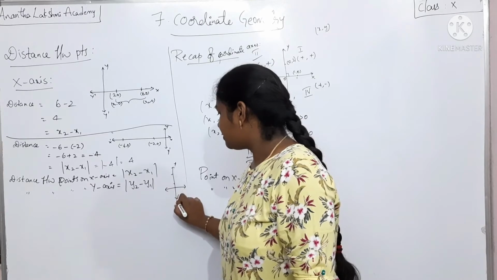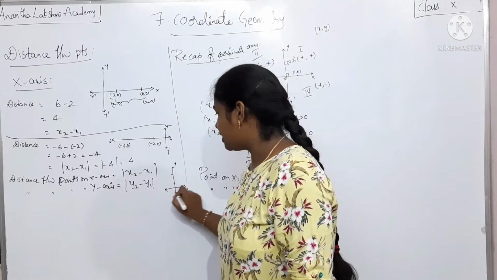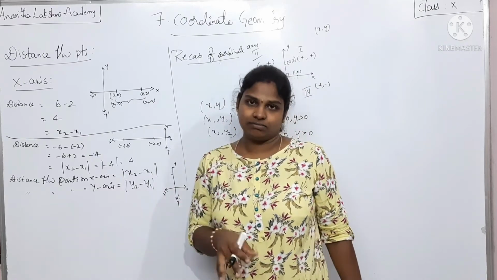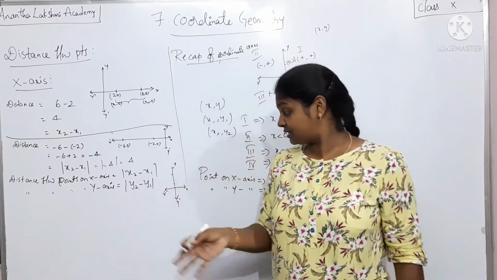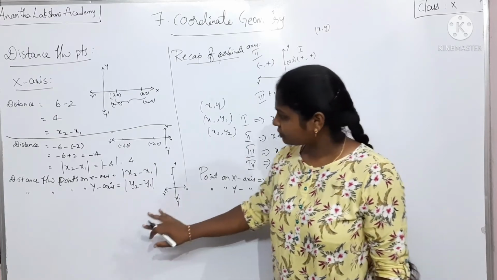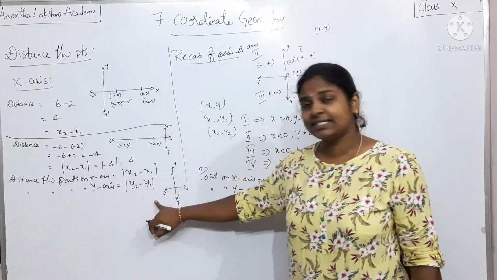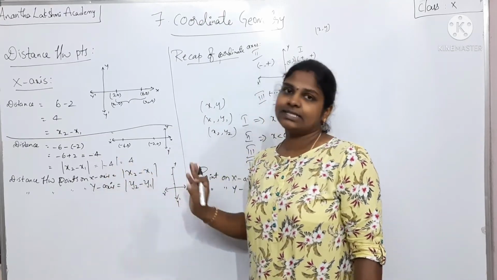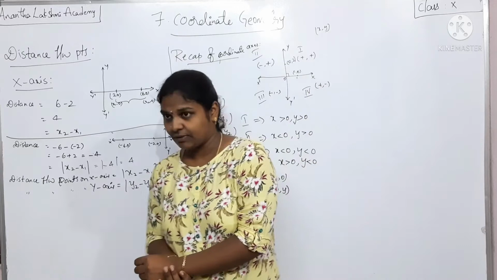If you are not able to understand this, let me know by commenting in the comments section so that I can explain this again. So distance between points on y-axis is modulus of y2 minus y1, and on x-axis it is modulus of x2 minus x1.